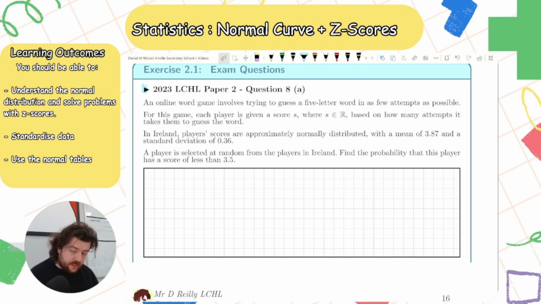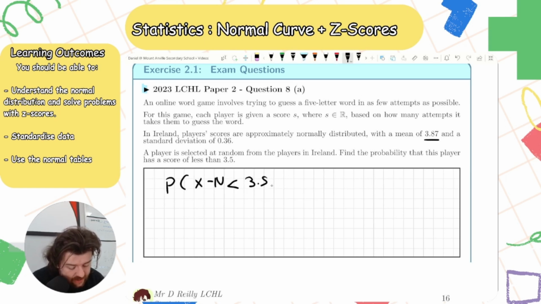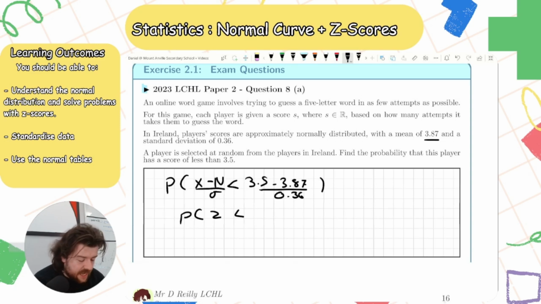So what we do is we standardize it. The probability that x is less than 3.5. Subtract the mean, in this case 3.87, divided by the standard deviation. The probability that z is less than, and if I do the maths here, minus 1.03.